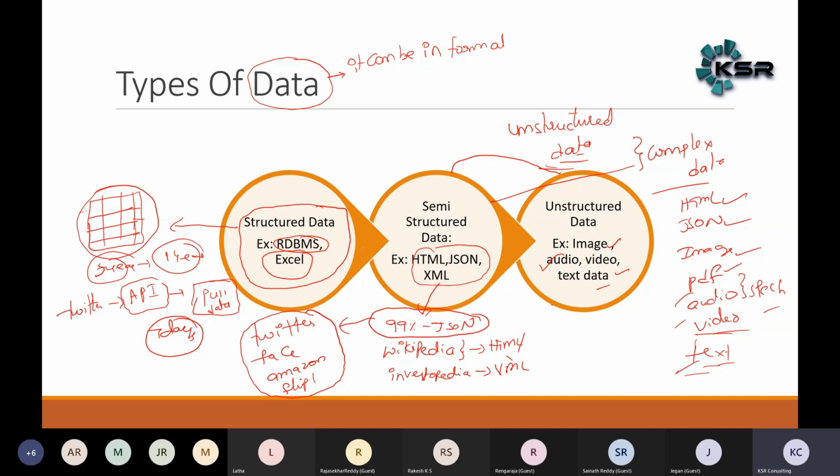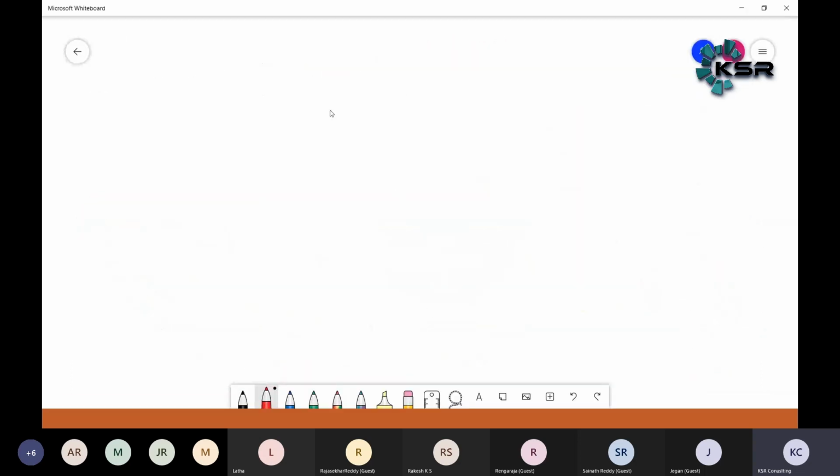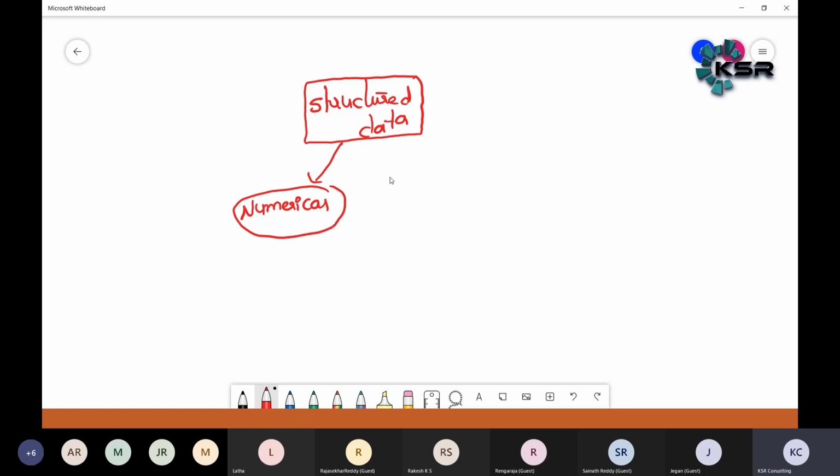Okay. So now let's go in depth on structured data. Structured data has been classified into two types. One is numerical data. Second is categorical data.